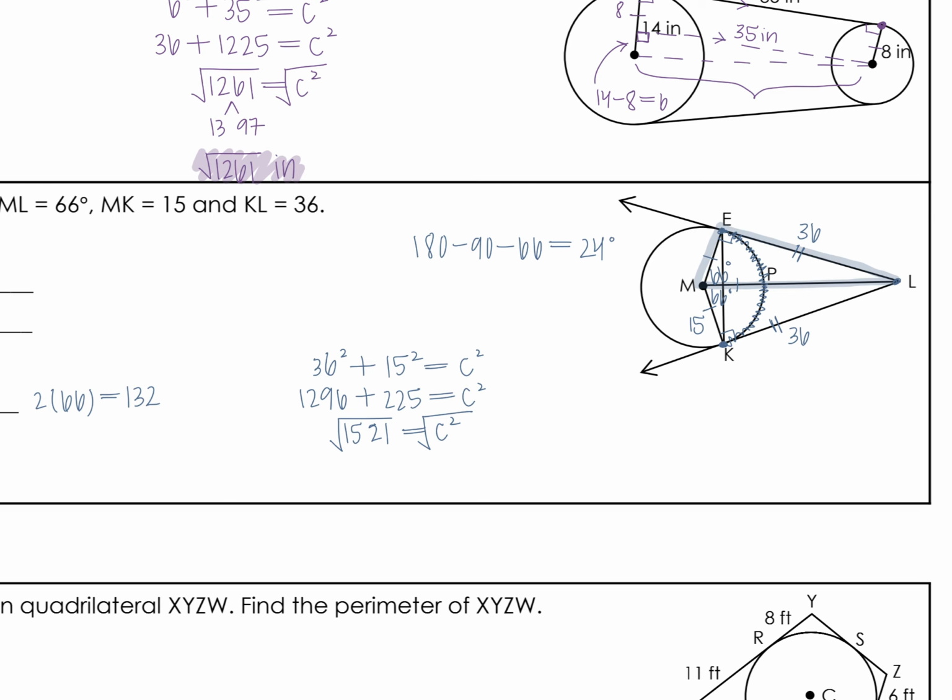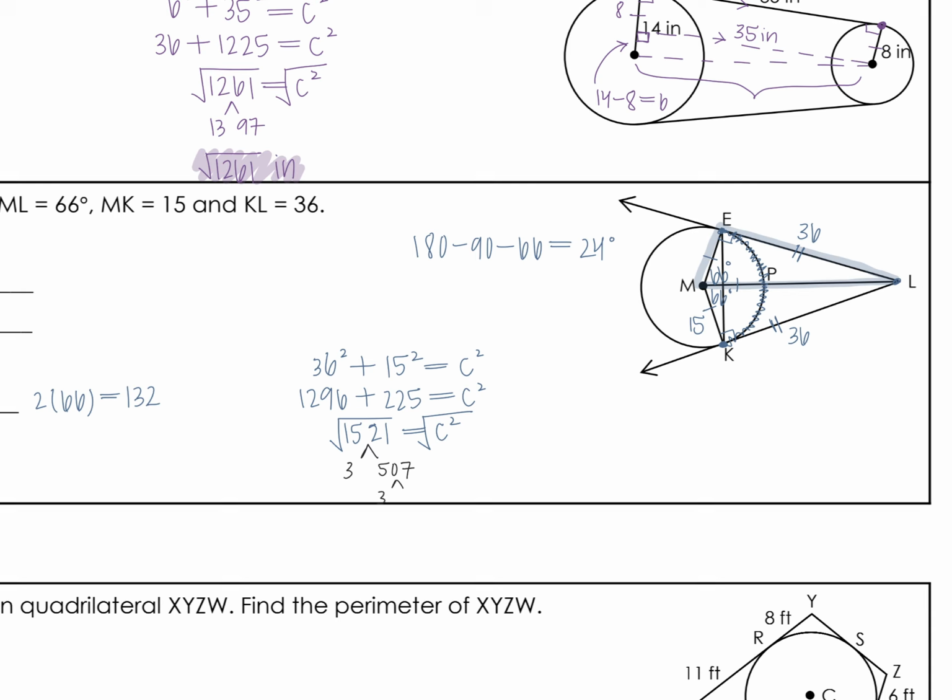So what I can do is break that down. If you know your trick here, if I add up each digit, 1 plus 5 gives you 6, plus 2 plus 1 will give you 9. Since the sum of those digits is divisible by 3, that number is divisible by 3, so I can factor using 3, and I would get 507. I can use that same trick once again: 5 plus 7 is 12.